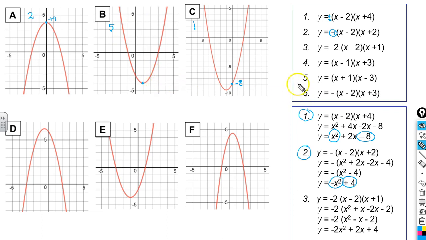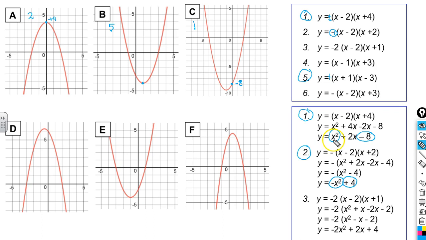And so when we look at problem number 5, also equation number 5, we see that this one is positive. And so both graphs B and C have a minimum, and their matching equations, equations 1 and 5, both had positive values outside of the first 2 factors. And even when we simplify it into standard form, our first term is positive.